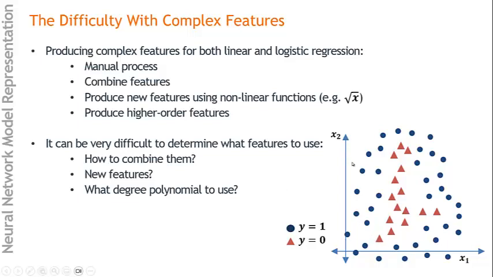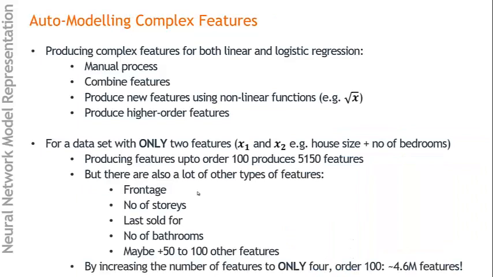And in a case like this, we also took polynomial combinations of features. You can apply nonlinear functions to features and create another feature. So, how do you combine features? How do you create new features? And what degree polynomial to use? So there were many decisions to make. And in some way, we would like to automate these decisions and have the system make them for us.